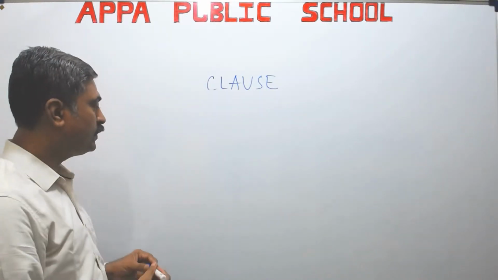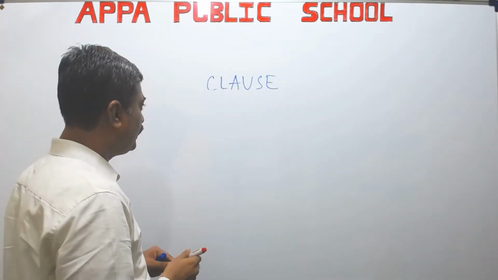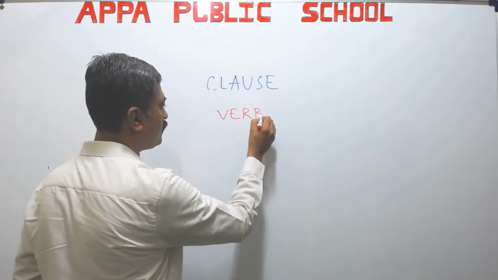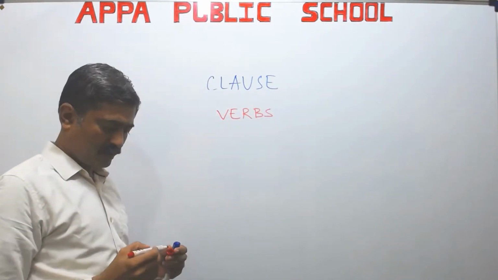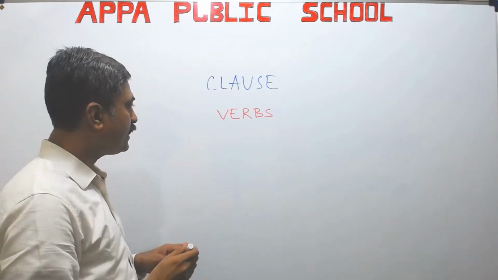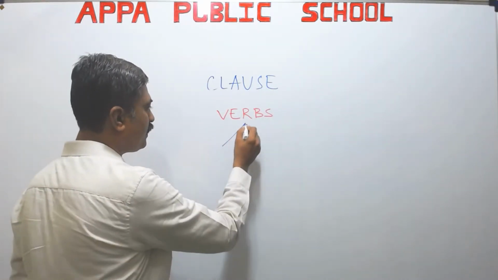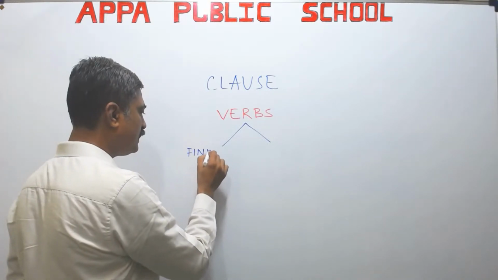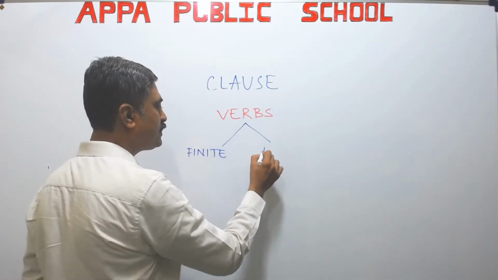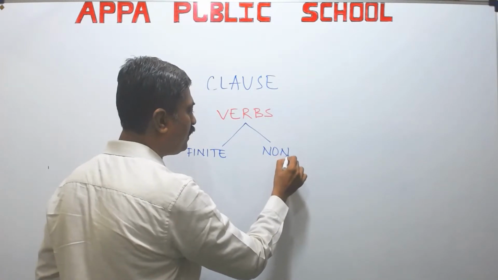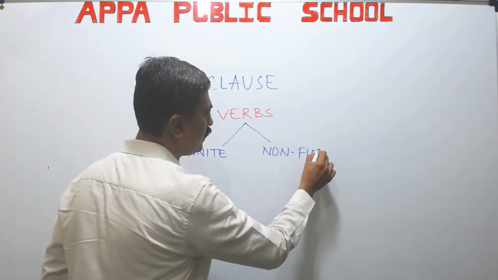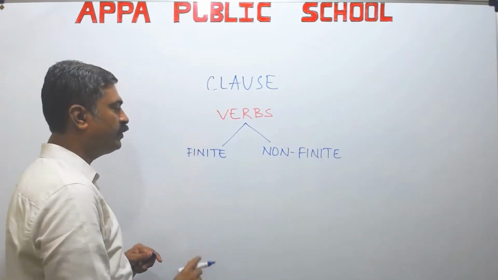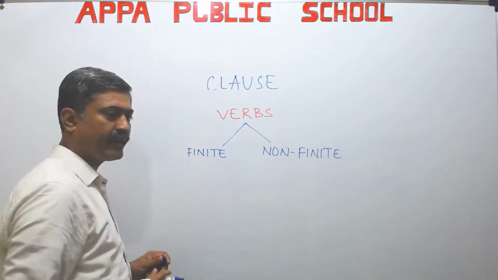So let's go to the verbs now for today. Verbs. We looked into it yesterday where we said one is finite and the other one is non-finite. There are a couple more types of verbs, but for now, from the clause point of view, we'll see finite and non-finite.